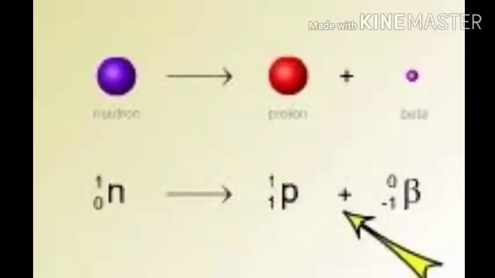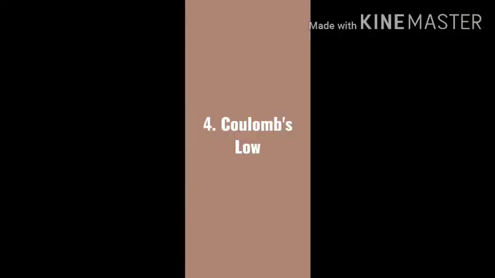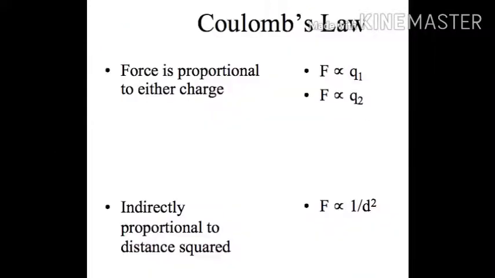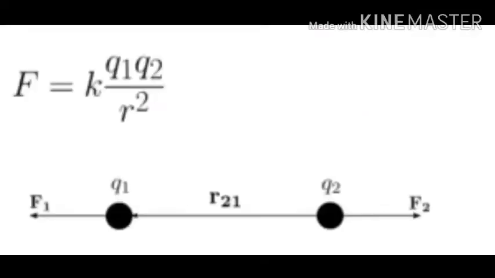Now we will talk about Coulomb's law. The electrostatic force of attraction or repulsion between two point electric charges is directly proportional to the product of the charges and inversely proportional to the square of the distance between them, and acts along the line joining the two charges.